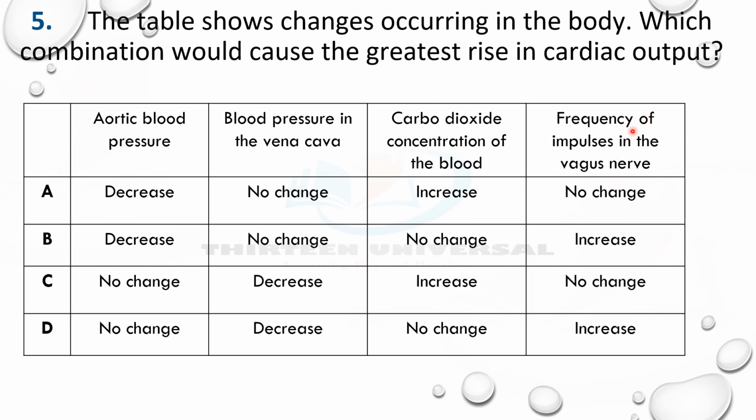The frequency of impulses in the vagus nerve is what increases the rate of impulse in the SAN, causing contraction to increase. Because if it is greatest, that means the contraction will be high and the impulse will be high, so that increases. That's B.